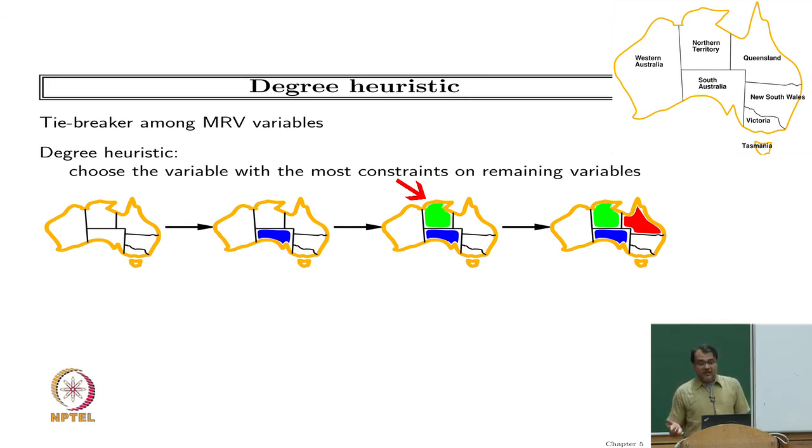So, you assign one which has the higher degree between the two. So, between the two, Queensland has a higher degree because it has a degree of 1 with New South Wales, whereas Western Australia has degree 0 with the unassigned variables. And so, you assign Queensland next, and this process goes on.